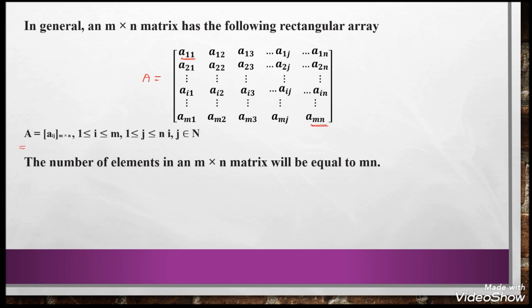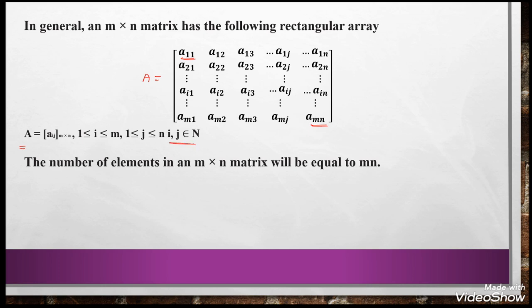Similarly for j, the column number, the position of an element's column satisfies 1 less than or equal to j, less than or equal to n, where i and j belong to the natural numbers. We always consider the number of rows and columns as positive, which is why i and j belong to the natural numbers.